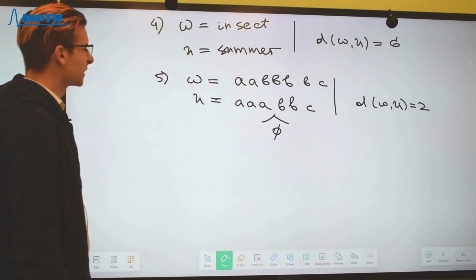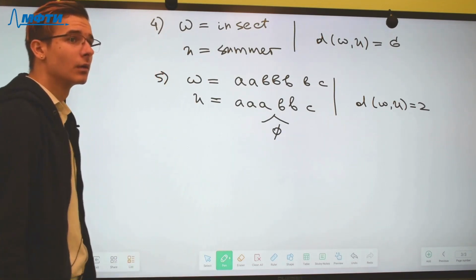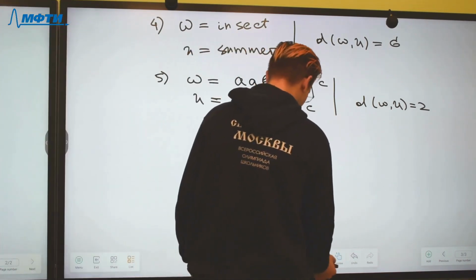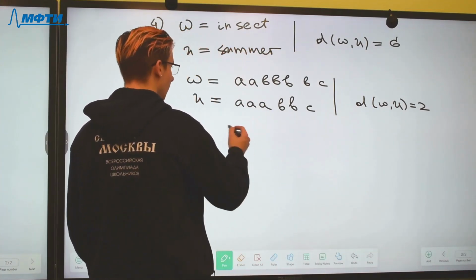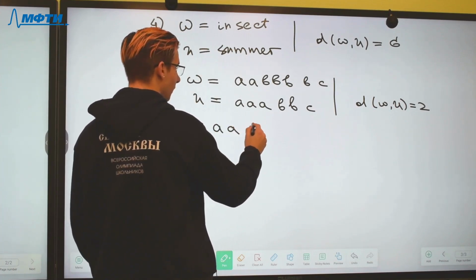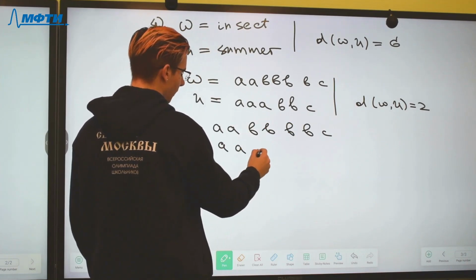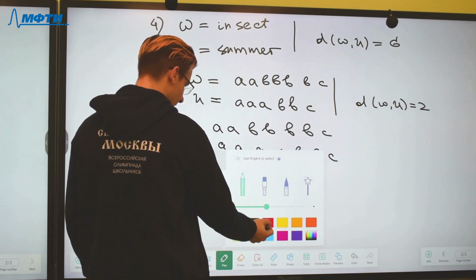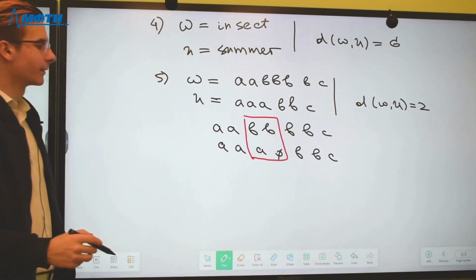But of course here, if we add here an empty character, we have only 2 places where the difference is.